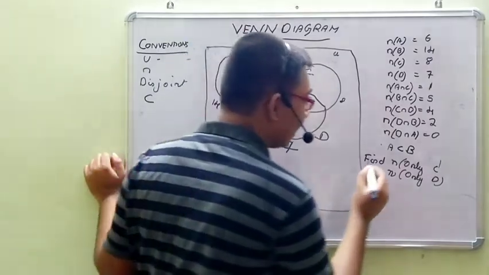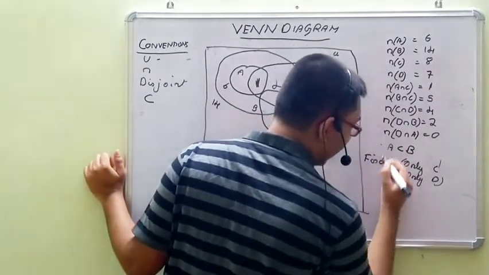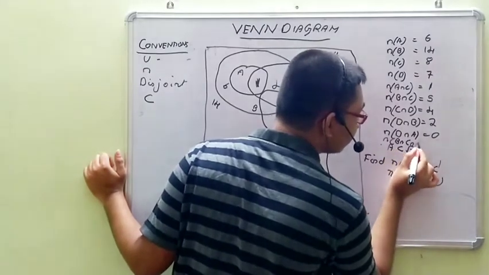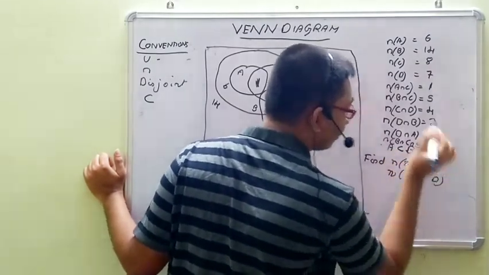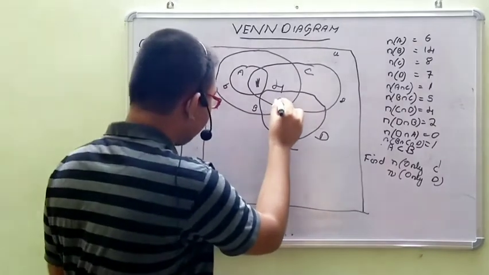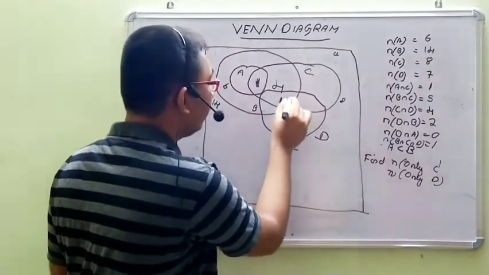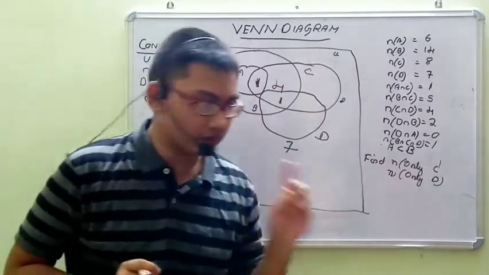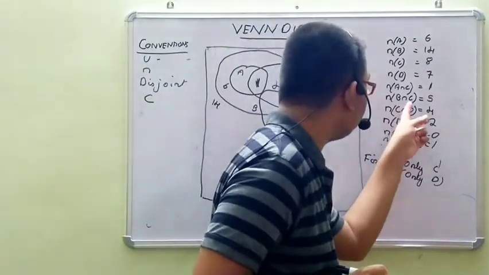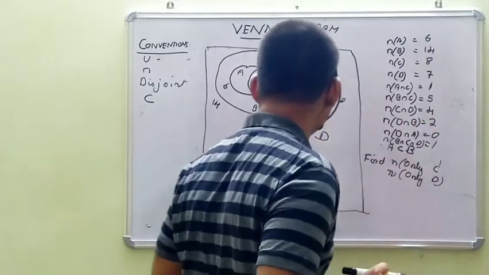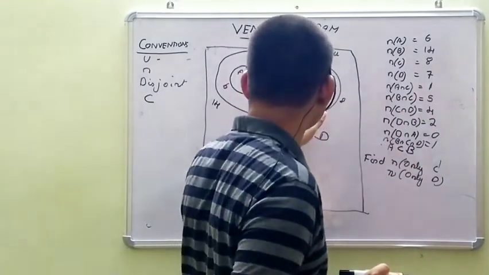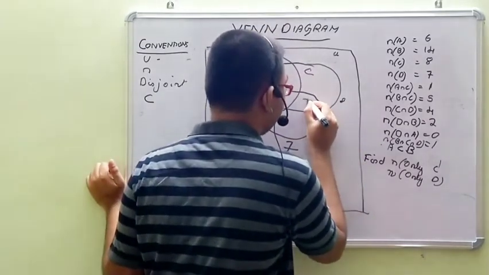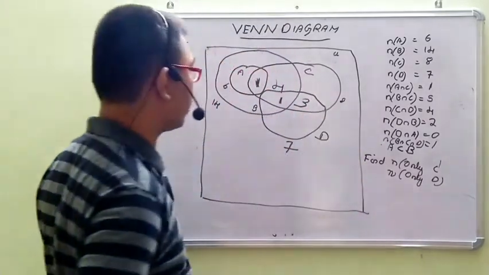Now let us take one more thing. n(B intersection C intersection D) is equal to 1. So this portion will be 1 because it has B, it has C, it has D. Now, C intersection D is 4. Therefore, this portion will be 3. Okay, 3.